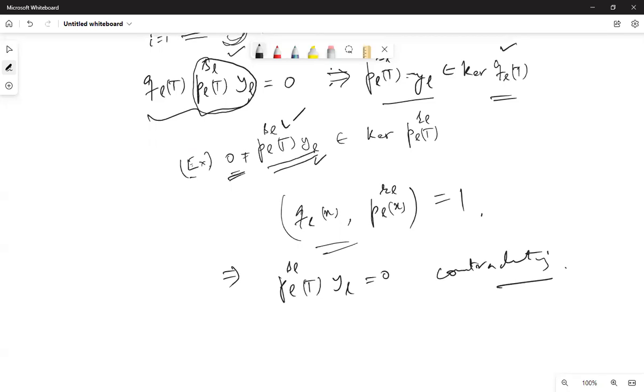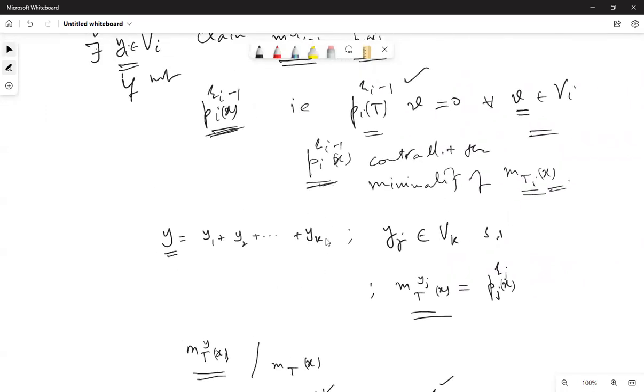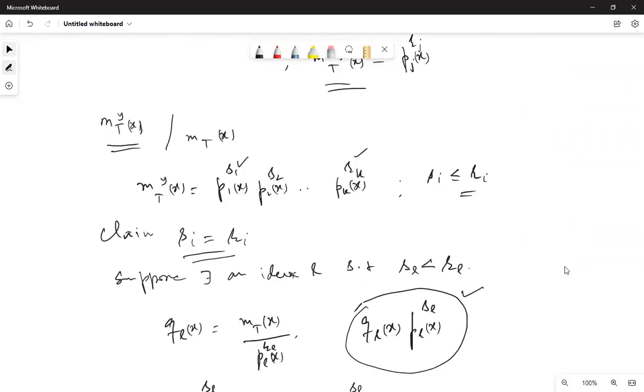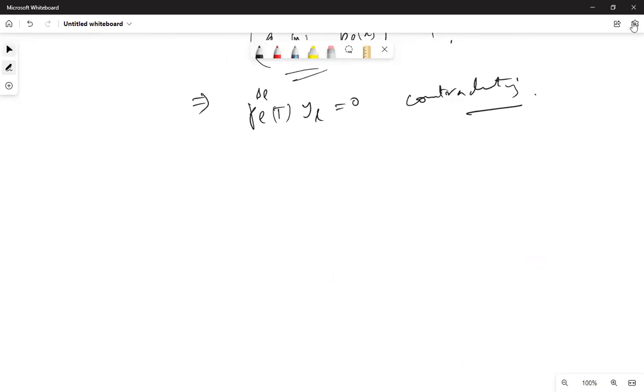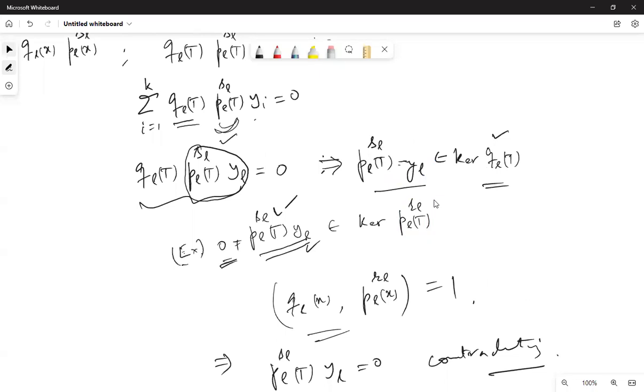It's a non-zero part, okay? So what happens? I finally got this Y, which is exactly that element whose annihilator is MTX. This is a non-zero vector, and a non-zero vector cannot belong to two kernels here. This is kernel QLT. This is kernel PLT raised to the power RL. GCD of these is 1.